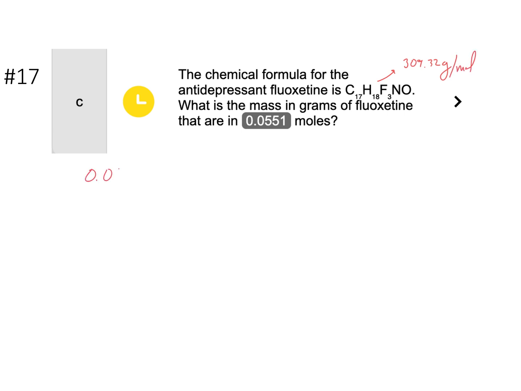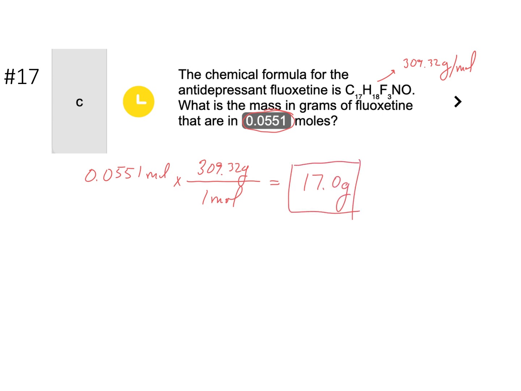Okay, I've got 0.0551 moles, and just be careful, that number could be different for you. The molar mass tells me for every 1 mole, I need 309.32 grams. Multiply that through for approximately 17 grams of fluoxetine that we would have for 0.0551 moles in a sample.